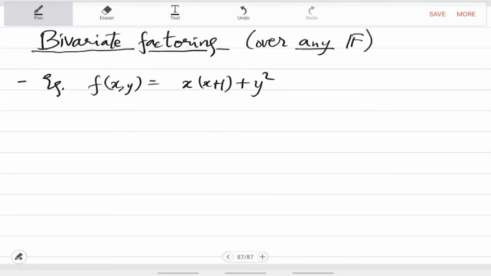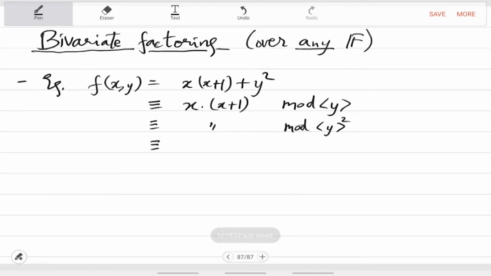So, how does it work? First you get x times x plus 1 mod the y ideal, then the same thing mod y square, and mod y to the 4, what do you get?